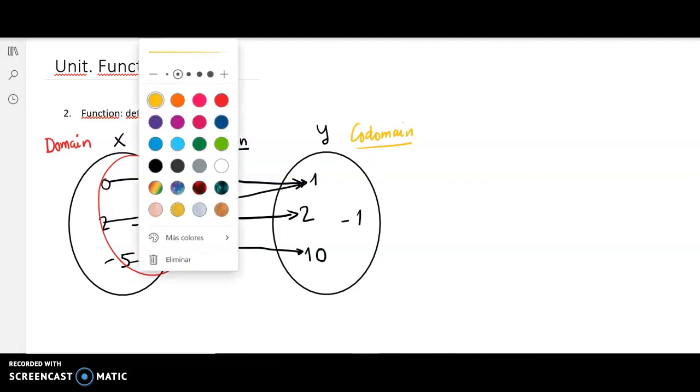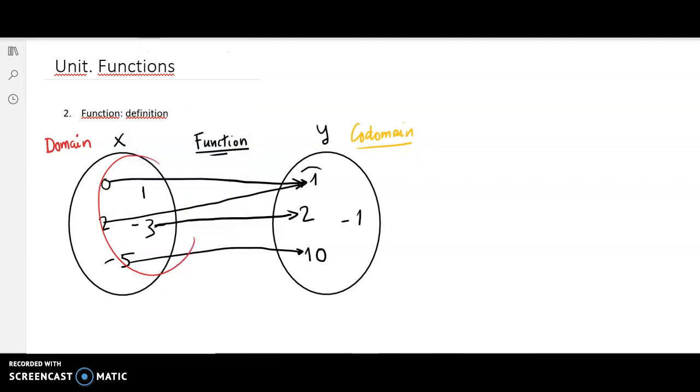And all the actual or real numbers that have a relationship in y, so the 1, the 2, and the 10, okay, the numbers that have a real relationship, these numbers form the range.